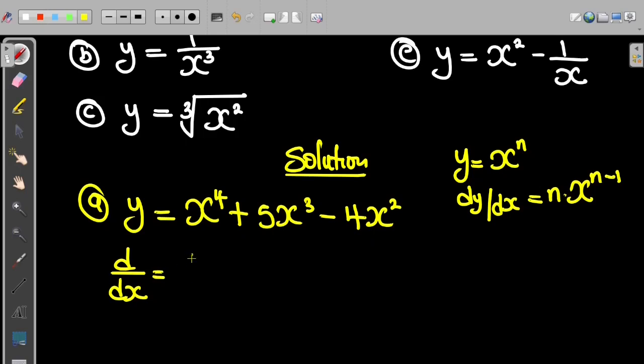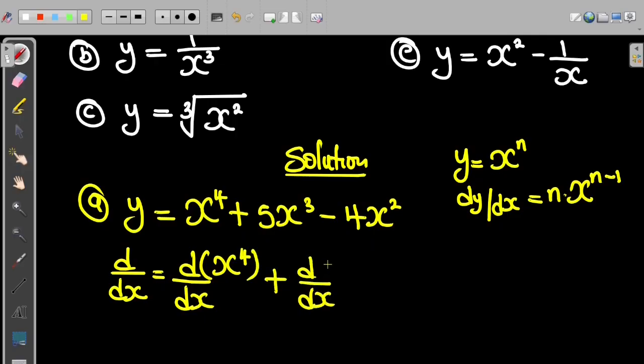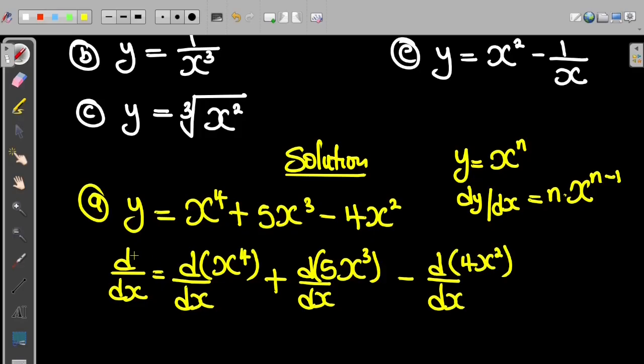So we have d over dx of x to the power of 4, plus d over dx of 5 multiplied by x to the power of 3, minus d over dx of 4x squared. So I have to add my y here.